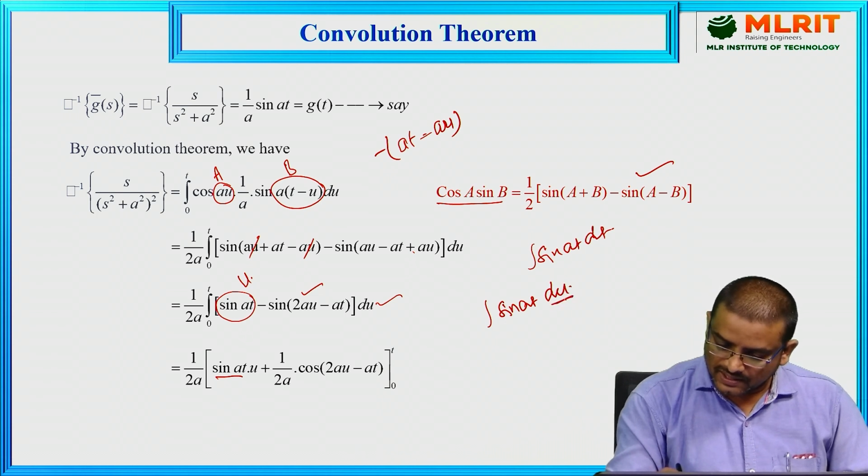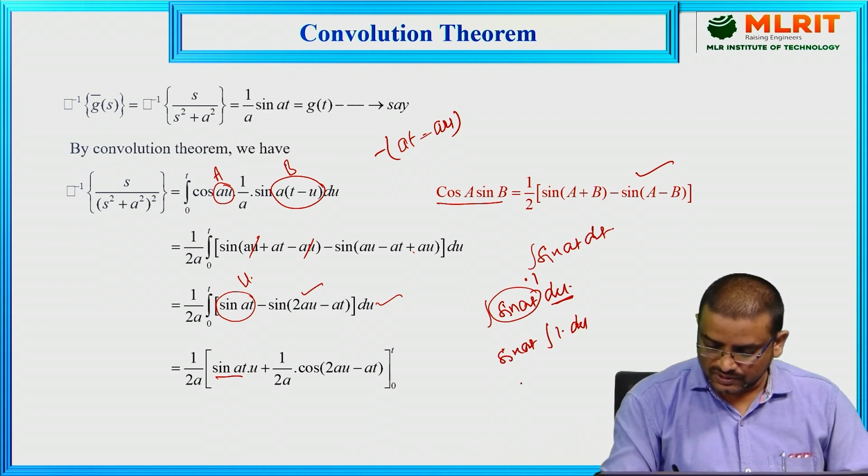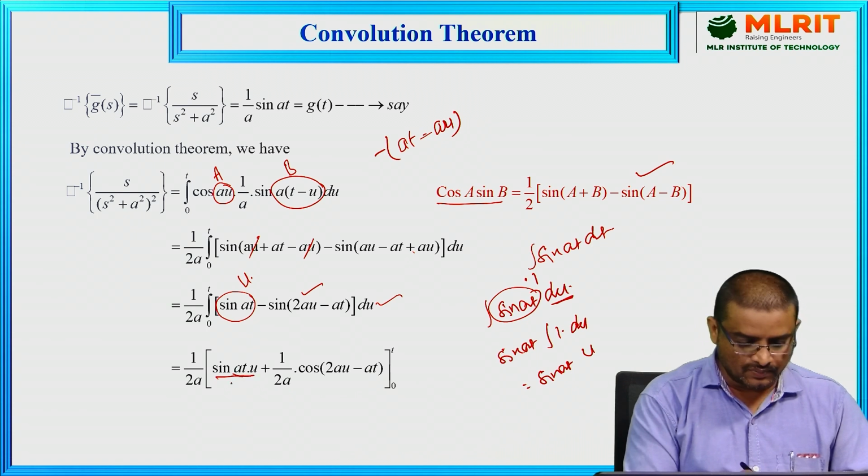Here we are applying the integration with respect to u, but here we don't have the u variable, so this becomes a constant. So you write down this constant outside, sin at into du. We can take sin at integral of 1 into du, so this can be written as sin at integral of 1 into du. We can take u. So that we have applied here.